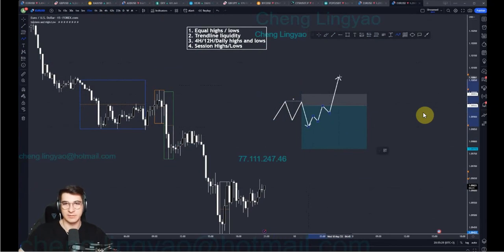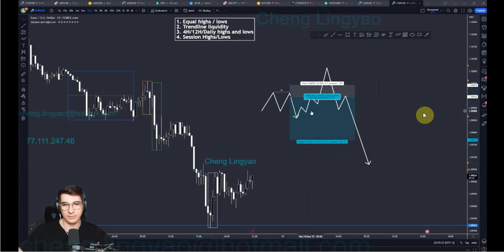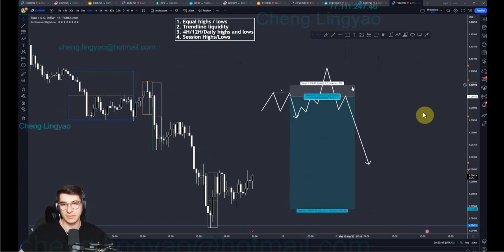And then price spikes up, comes back down, and continues on its way. This is the point where most retail traders just quit because the market is manipulated and they got stopped out, and then price just dumped into their take profit, playing with their emotions. So that is why it's important for us to use liquidity to enter the trade.